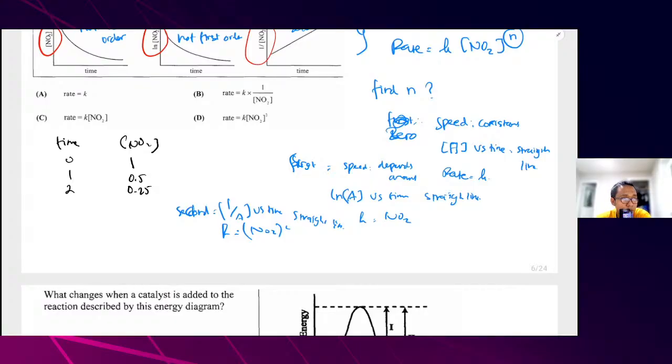Okay, so if time is 0, the concentration of NO2 will be 1. If time is 1, it will be 0.5.